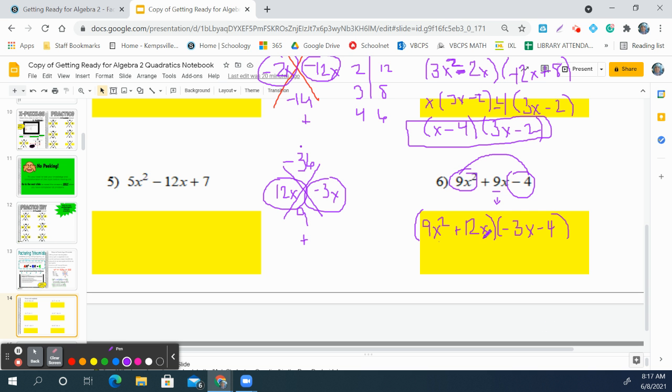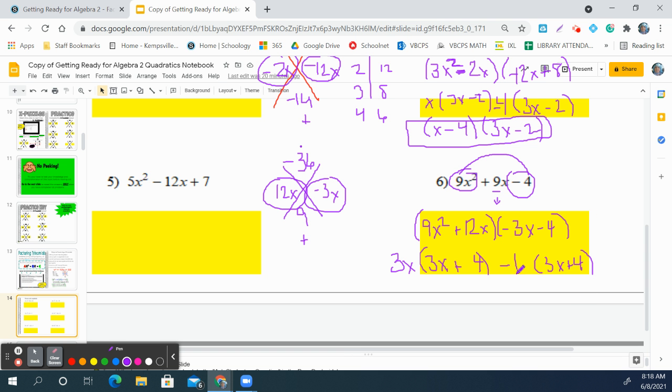What can I remove from the 9x squared and the 12x? What's the greatest common factor? 3x. So if I do 3x, what's left over? 3x plus 4. And I want to end up with a 3x plus 4. So if I know I want to end up with a 3x plus 4, what do I have to take out of the second set of parentheses?